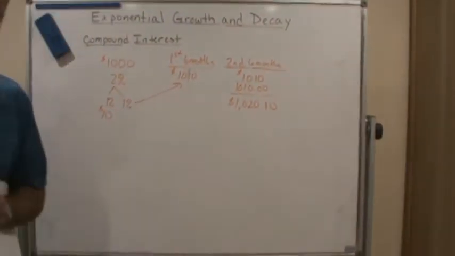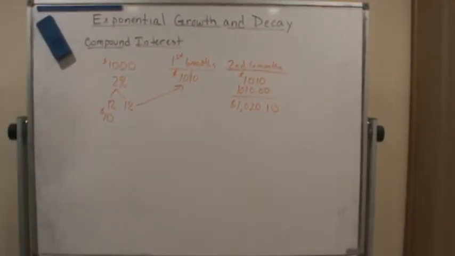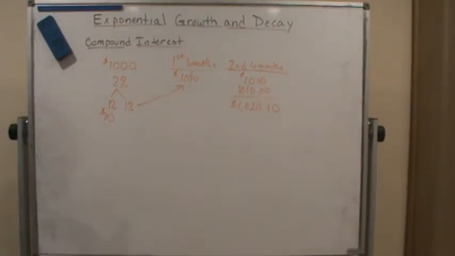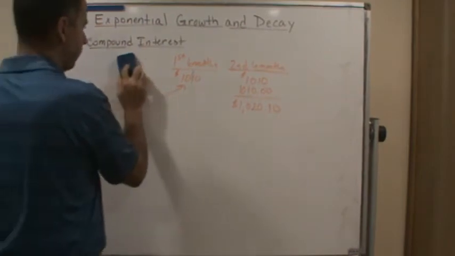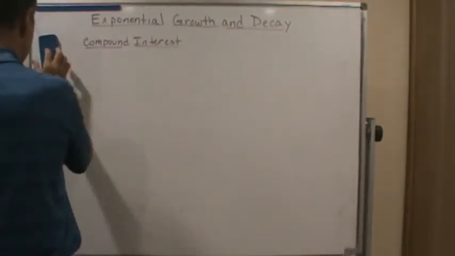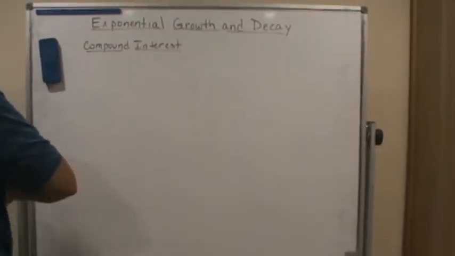Okay, so that's the instance of compound interest. What does that formula look like? Mathematically, it would look like this for this case, where it's compounding every 6 months, or semi-annually.